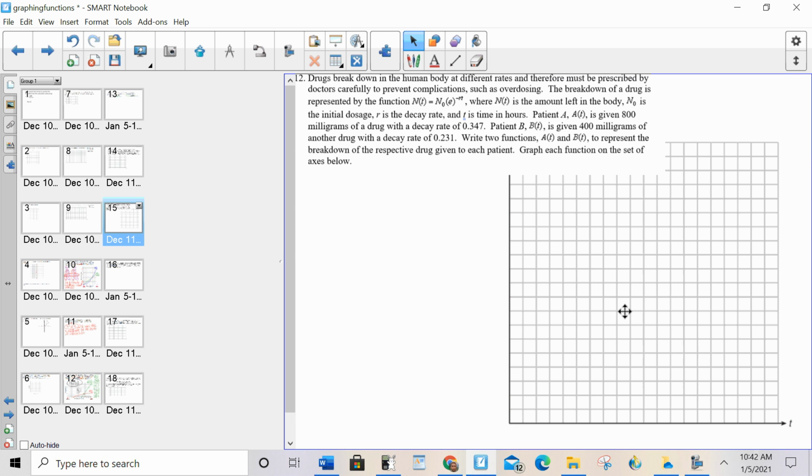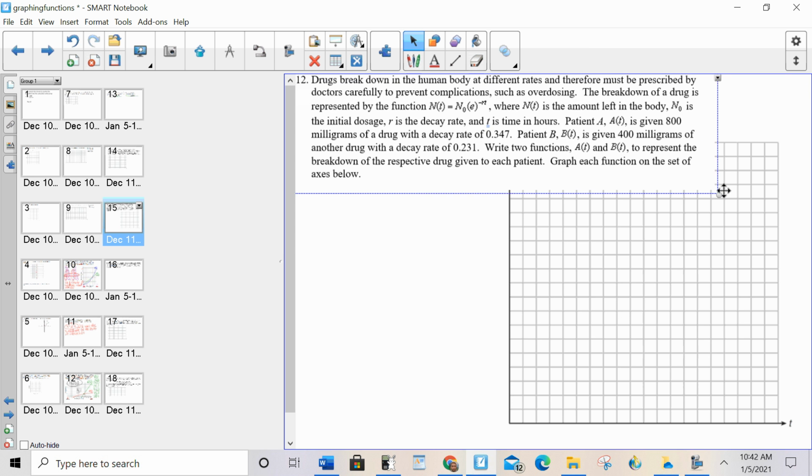All right, so drugs. It's always good when a math problem starts with drugs. Drugs break down the human body at different rates and therefore must be prescribed by doctors carefully to prevent complications such as overdosing. That's great and all. Anything mathematical?